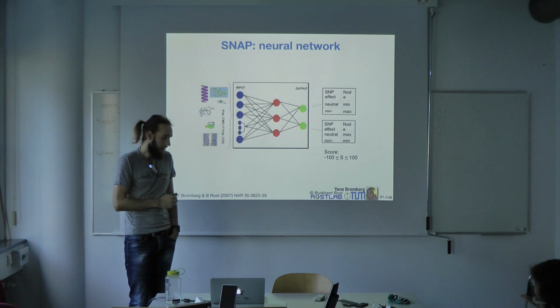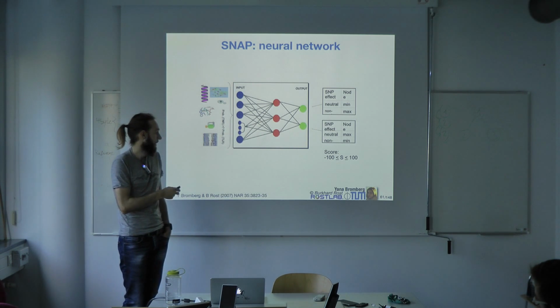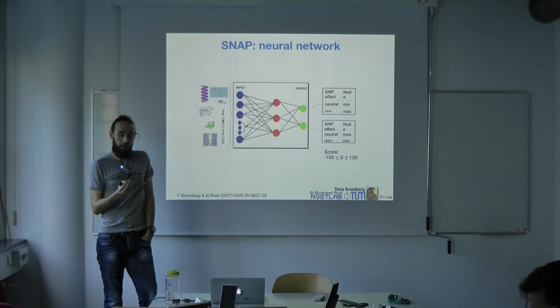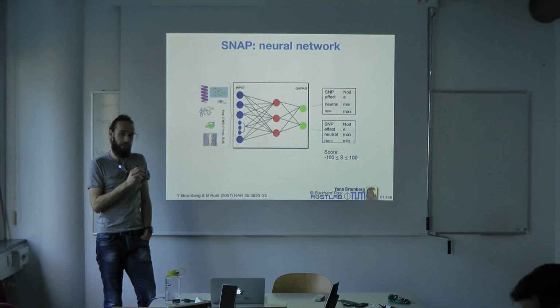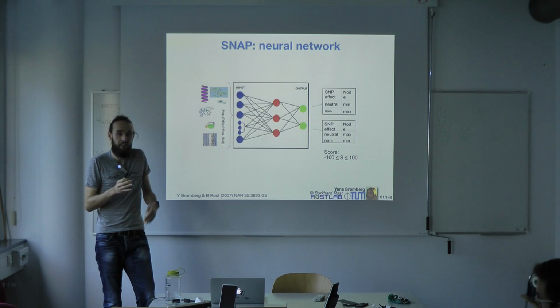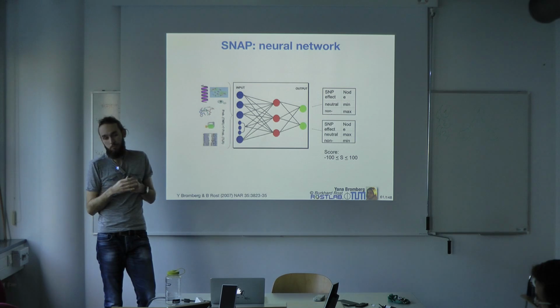So the total score is then normalized between -100 and 100. -100 means the predictor is very sure that this is a neutral variant, and 100 means it's very sure that it's an effect variant, and the 0 in between is kind of, we don't really know what it is.